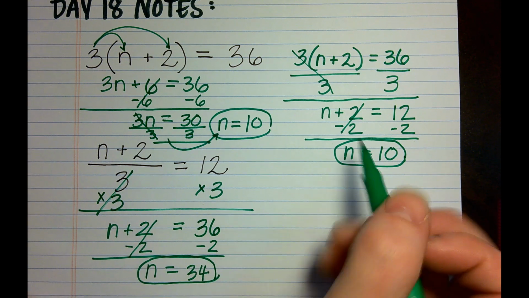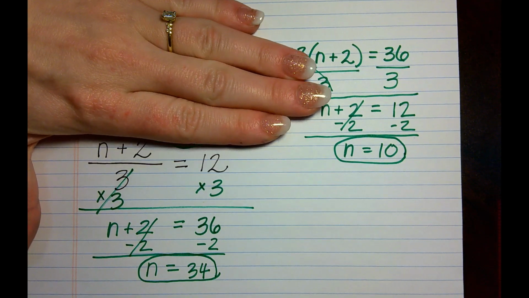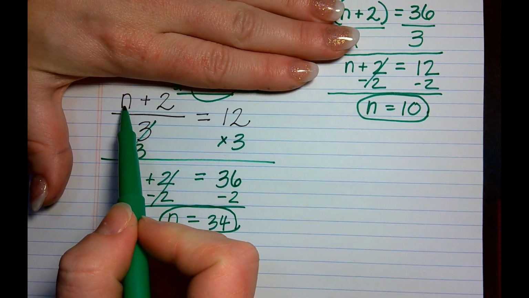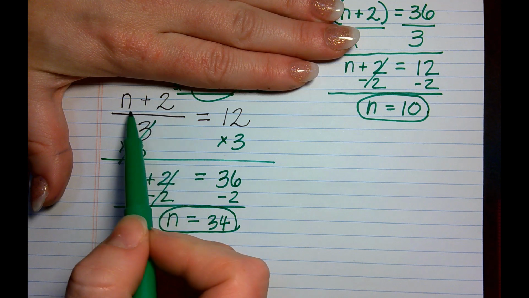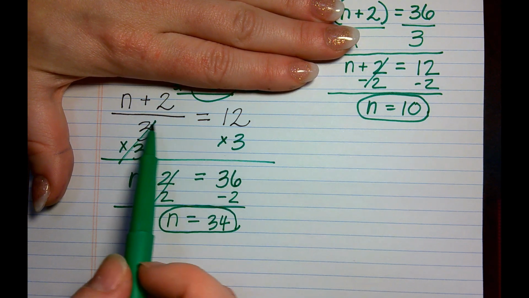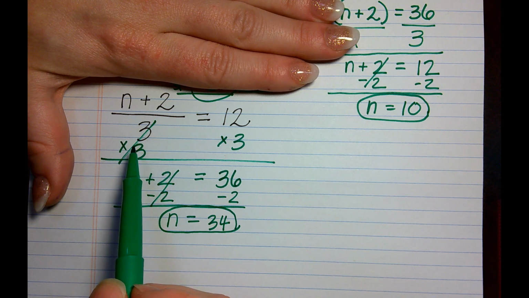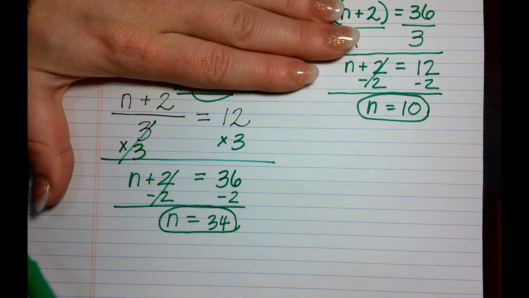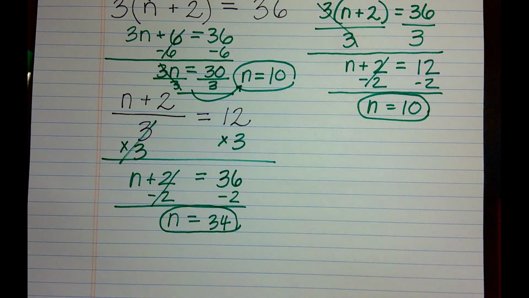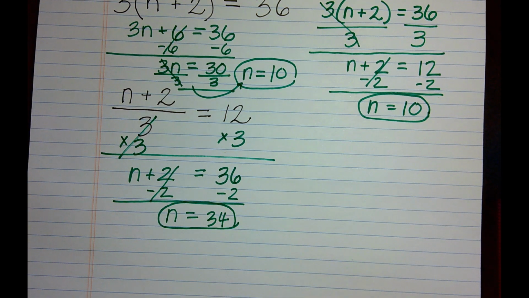Okay, so you're looking at this problem, right, Sheila? We have n plus 2 divided by 3. And what we did is we got rid of divided by 3 by doing times 3. Sheila, thank you for saying something, because I bet there are other people in this room who are confused too.